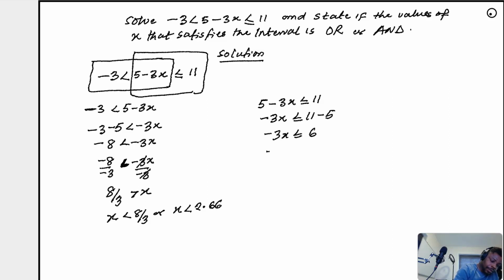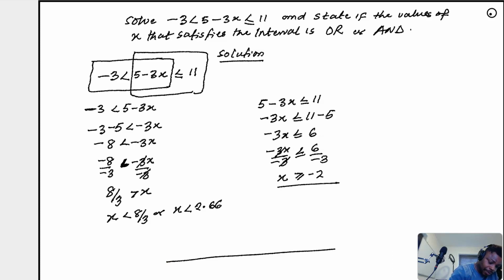For this one here, we have this, divide through by -3. You already know what is going to happen if you divide by a negative value. The inequality sign will change. So here, let's put this on a number line to see what happens. Okay? So you have -2 and you have 2.66.